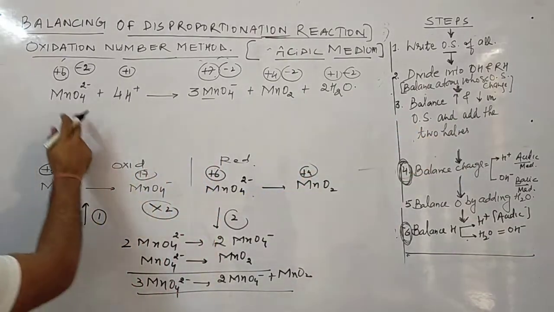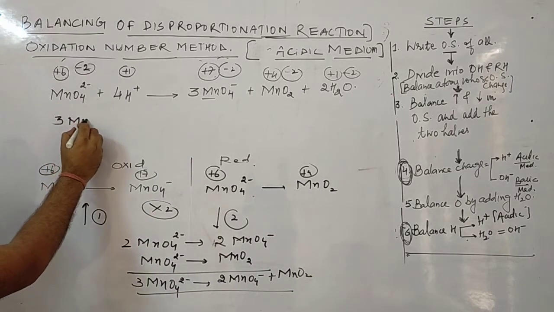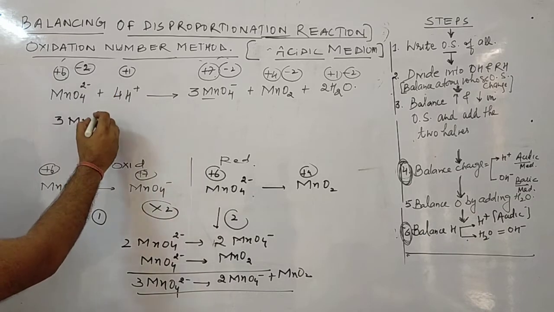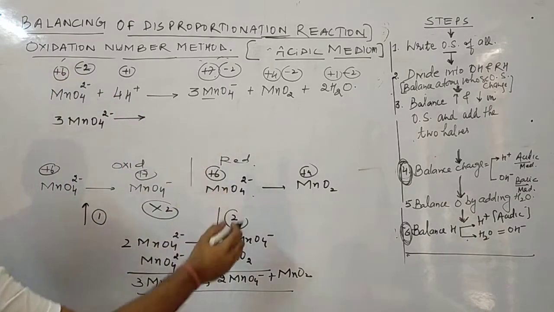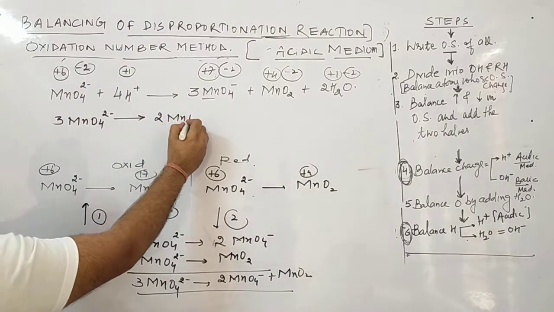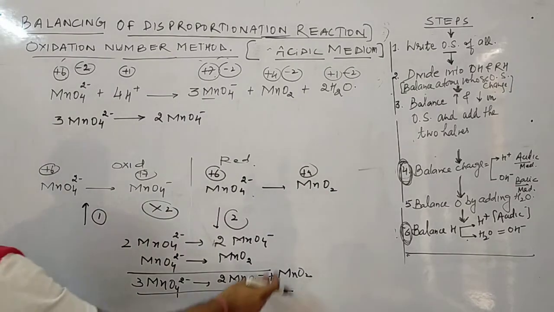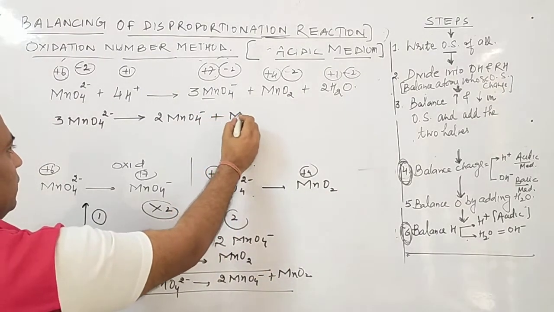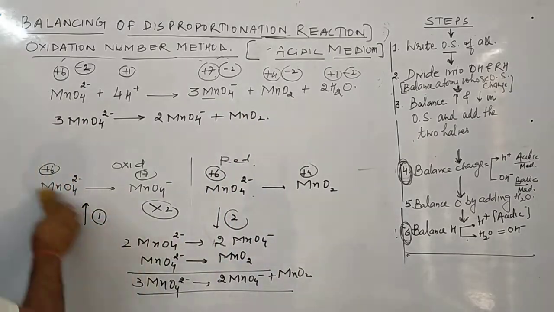So ये आप यहाँ पे लिखिए, you will get 3 MnO4 2 negative giving you twice MnO4 negative plus MnO2. So this is clear.